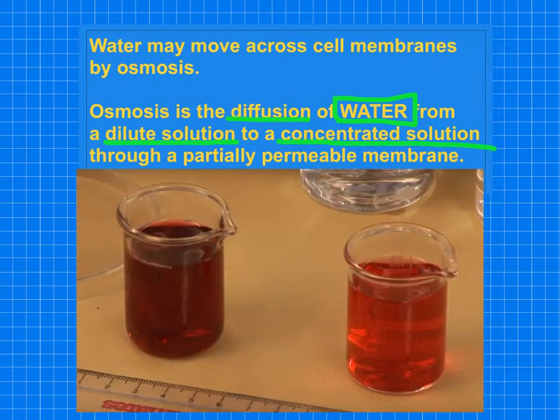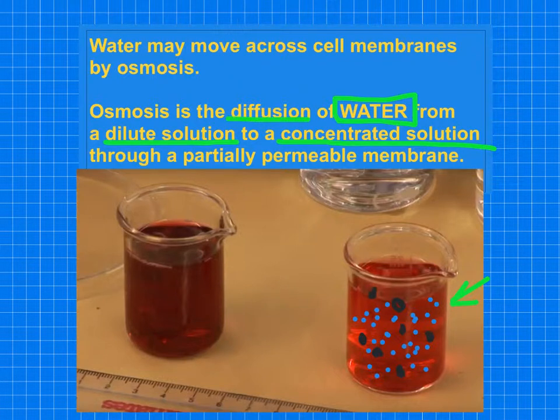So if we look at these pictures of two beakers, the beaker on the right has blackcurrant cordial and lots of water. So there are lots and lots of water molecules within the solution. Obviously there are sugar molecules there as well, larger sugar molecules.